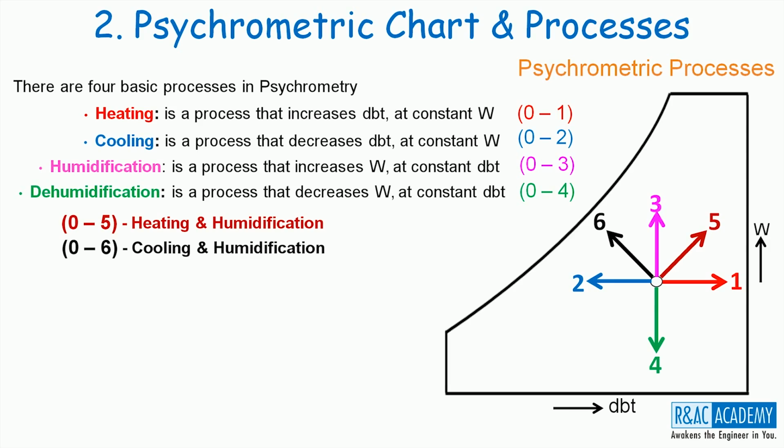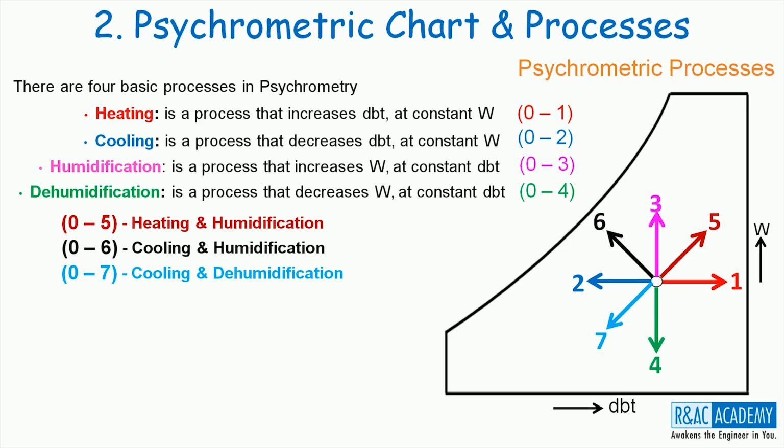The next, whenever the state of the moisture is moving along 0,7 line, then the state is moving towards left, hence cooling, and moving down, hence dehumidification. Therefore, the cooling and dehumidification is the process undergone by the moisture here.